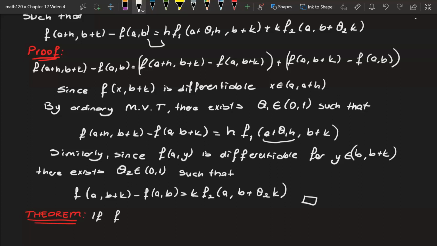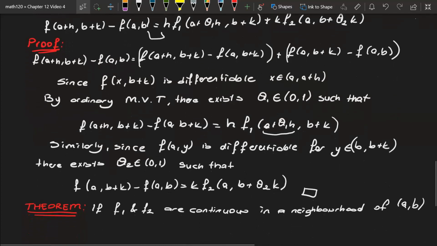If f1 and f2, the partial derivatives of f, are continuous in a neighborhood of (a, b), I'm not sure I wrote neighborhood correctly.